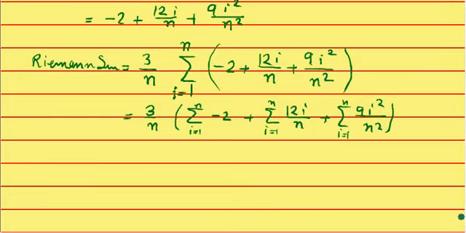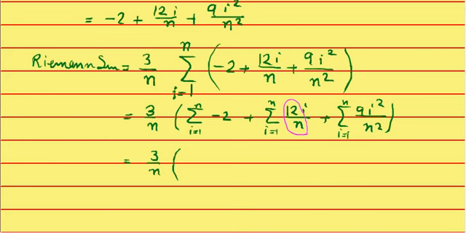Okay, linearity goes one step further. For the purpose of this summation, i is the dummy variable. These other entities are constant. 9 and n squared, or 12 and n, are all constant. Here I go one more level, 3 over n. I can, for example, factor this constant portion and put it outside.